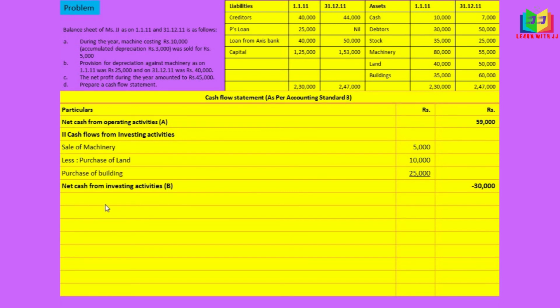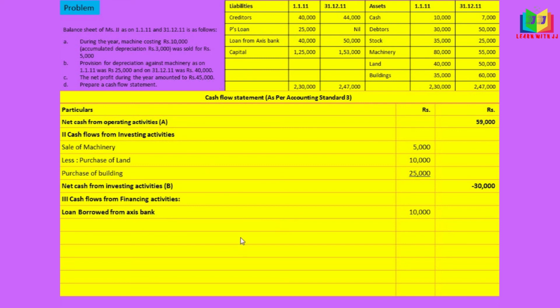And now we'll come to the third part, that is net cash flow from financing activity. Here we have to start with the loan borrowed. Loan borrowed, that is 40,000 in the opening and 50,000 at the end. So 10,000 loan was borrowed from Axis Bank. And next we have to write the drawings here.